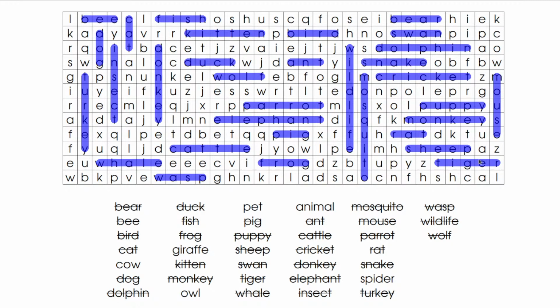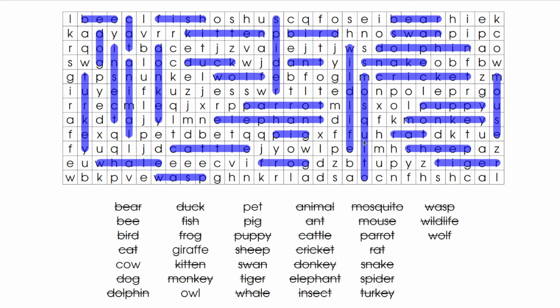Tiger. Spider is one I still haven't been able to find yet. Animal. Spider, there we go.